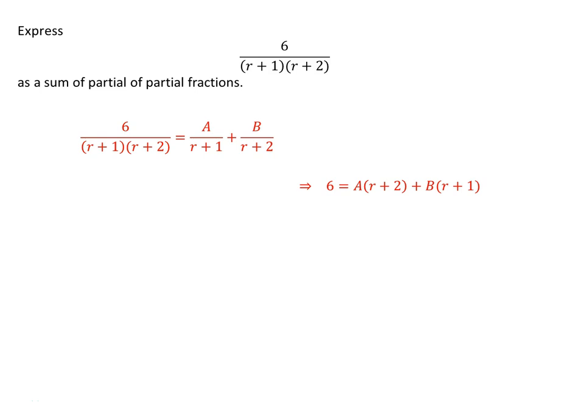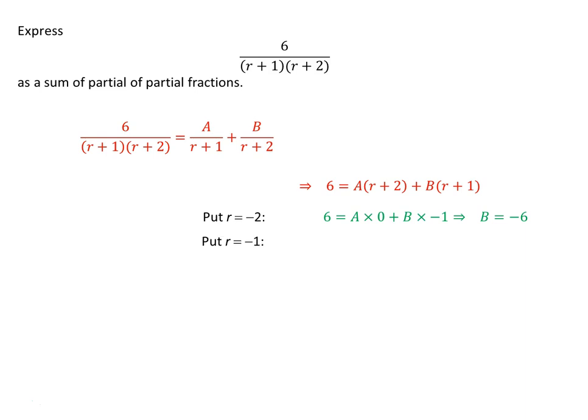And if we're careful over the choice of the values of r, we can find a and b very easily. So if I put r equal to minus 2, then the value of the left-hand side is still 6, but the right-hand side simplifies to a times 0 plus b times minus 1. In other words, I've got 6 equals minus b, which means that b must be minus 6.